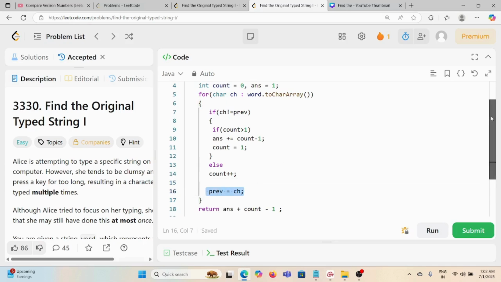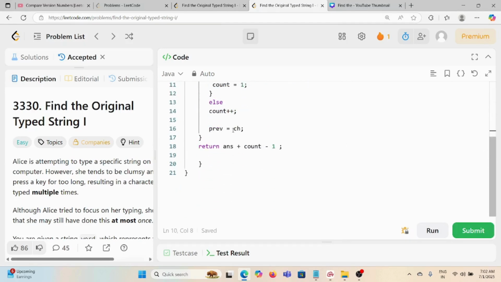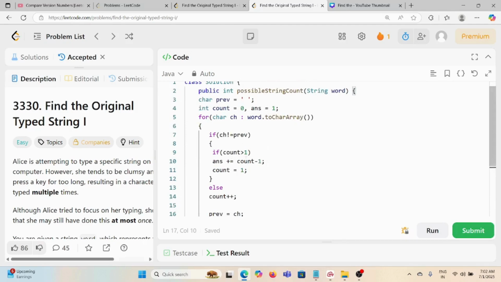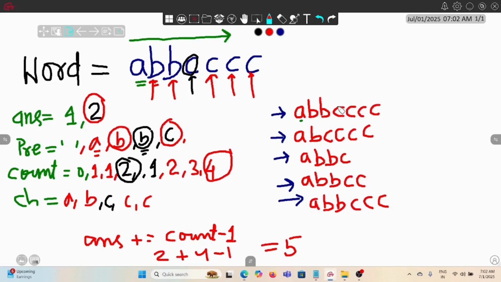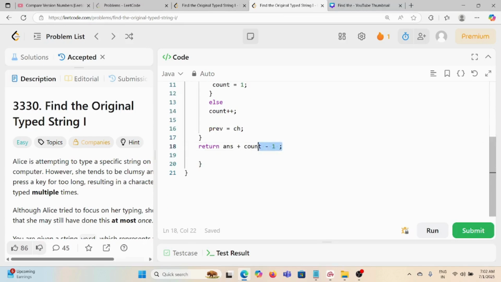When we are coming out of this loop, we do answer equal to answer plus count minus 1, because the last cycle of the count in this loop would not be executed, just like here when we are ending at this c. The count would be there in the count variable. So at the last we also return answer equal to answer plus count minus 1. So let me execute this code.